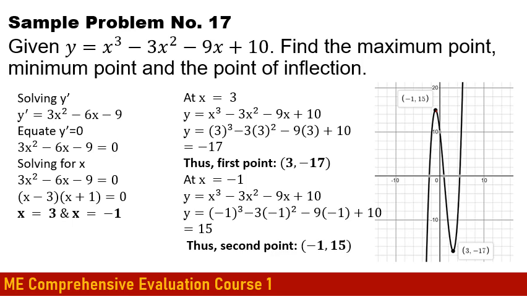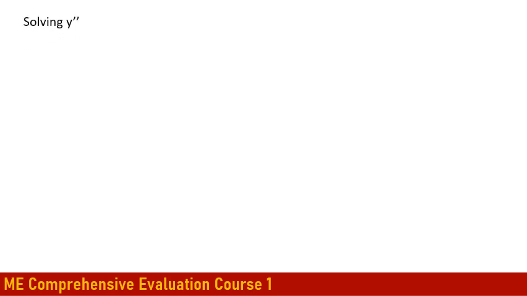So what we can do is to first solve for the y prime prime, so that we will be able to determine if it is a negative value or a positive value. If the change of the slope is negative, it is the maximum. But if it is a positive value, the point is a minimum.